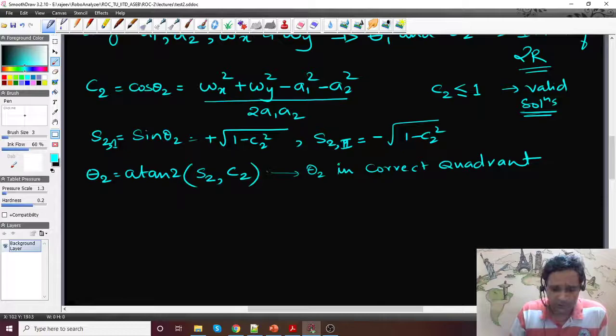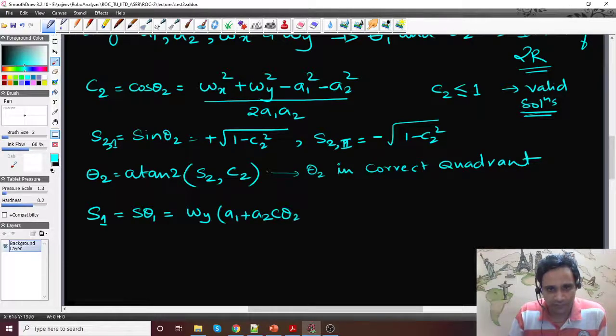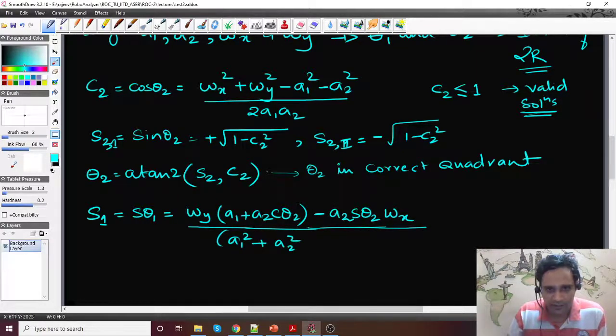So let me write down here s1, some variable, which is equal to sine theta 1, which will be equal to wy into a1 plus a2 cos theta 2, minus a2 sine theta 2 into, instead of p we'll have wx, divided by, there was a denominator term in which we made few mistakes also in the last video, so please make sure you do not do copy paste like I did, a1 square plus a2 square plus 2a1 a2 cos of theta 2. So this is the s1 term.